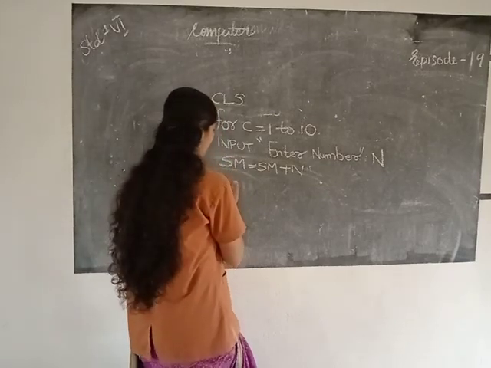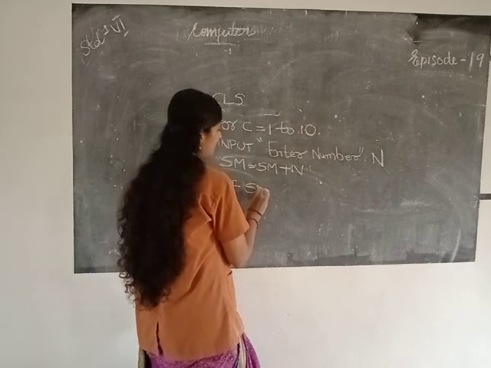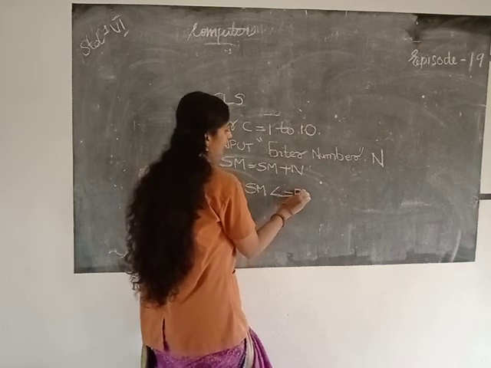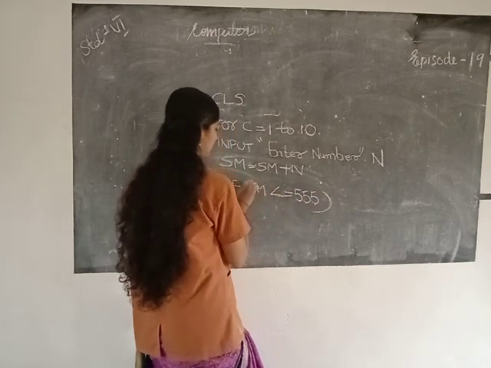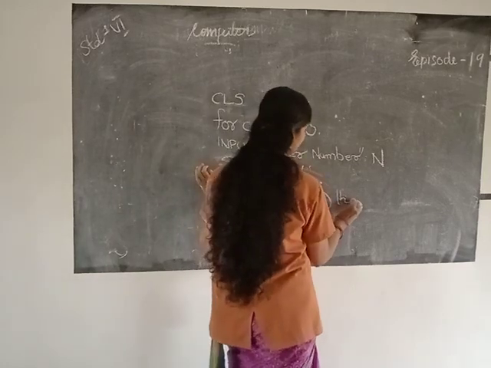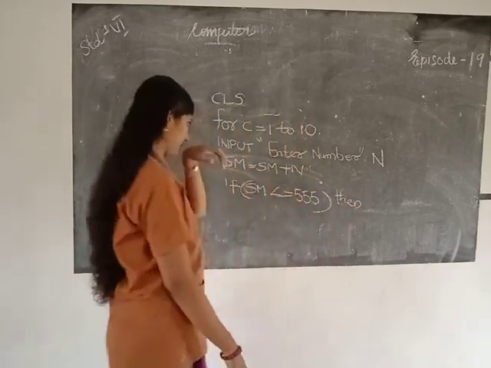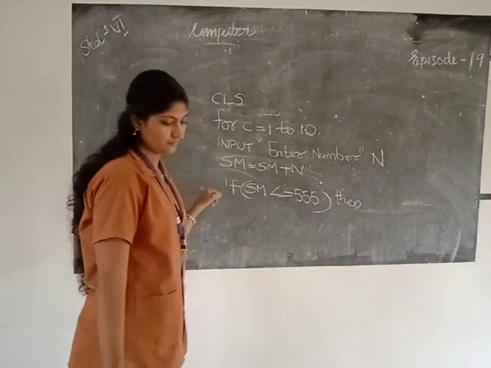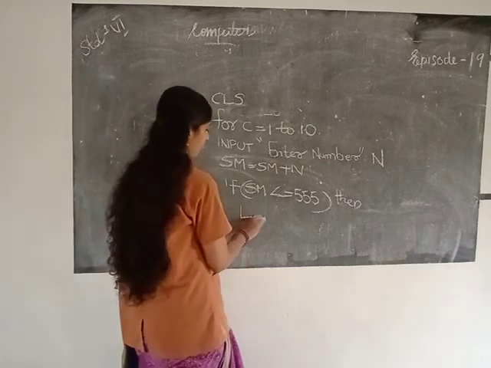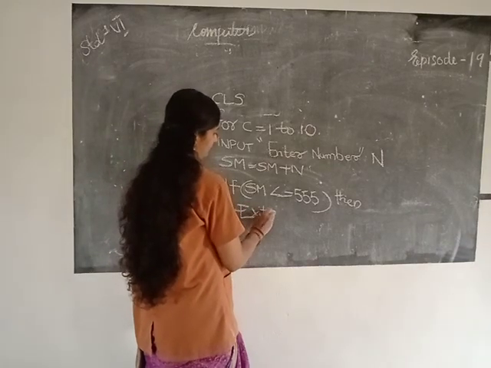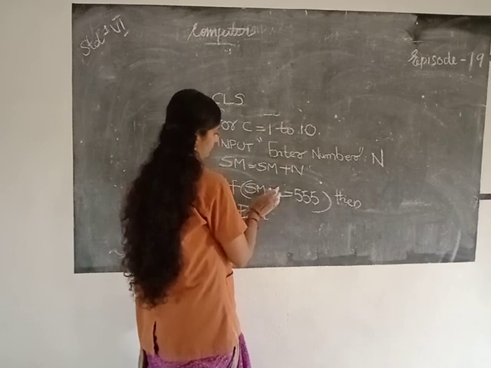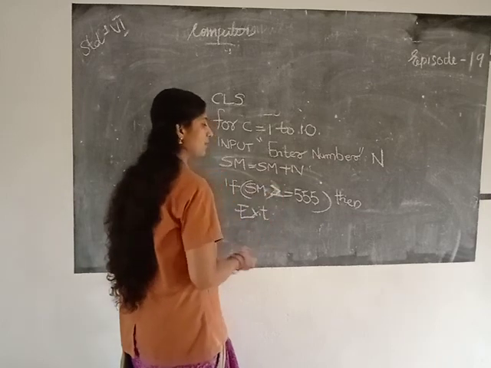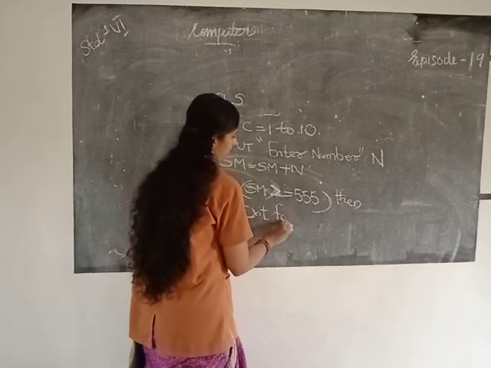Then next, if sum greater than or equal to 555, then exit for.